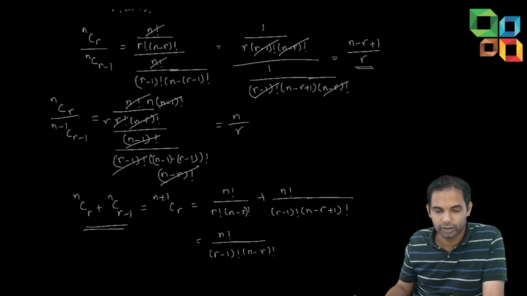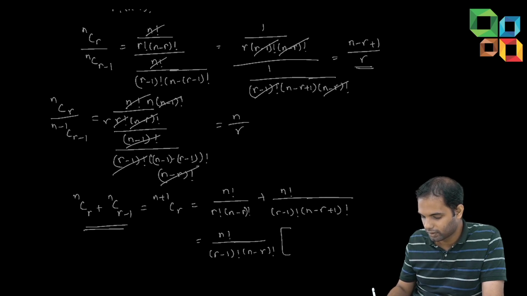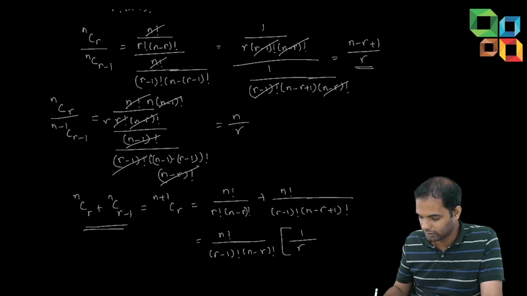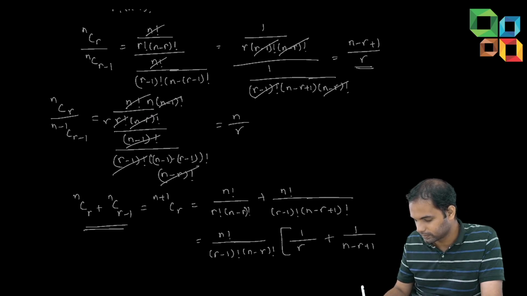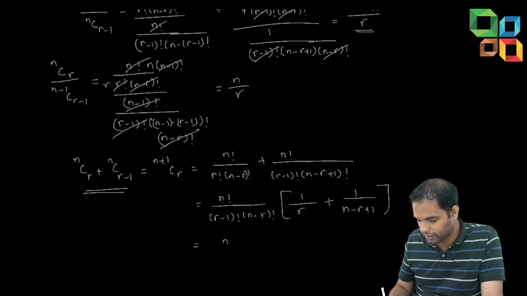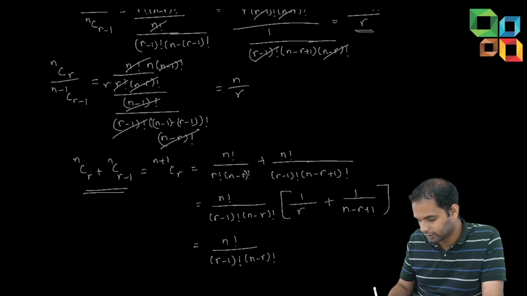These are the common terms. What remains inside? n is gone. r factorial, r remains. n minus r factorial is gone. Second part: n factorial is gone, r minus 1 factorial is gone. Remaining is n minus r plus 1. Take the LCM. What do you get? n factorial by r minus 1 factorial into n minus r factorial. Here, LCM is r into n minus r plus 1.